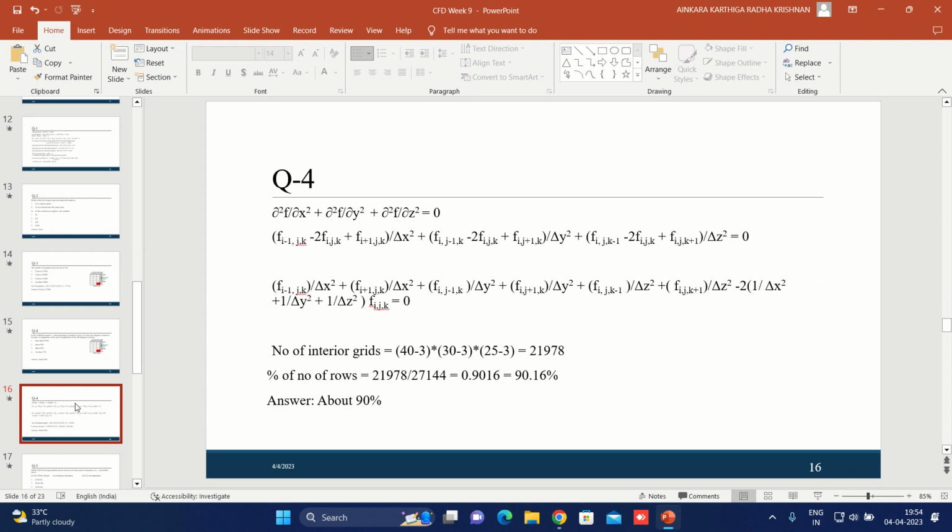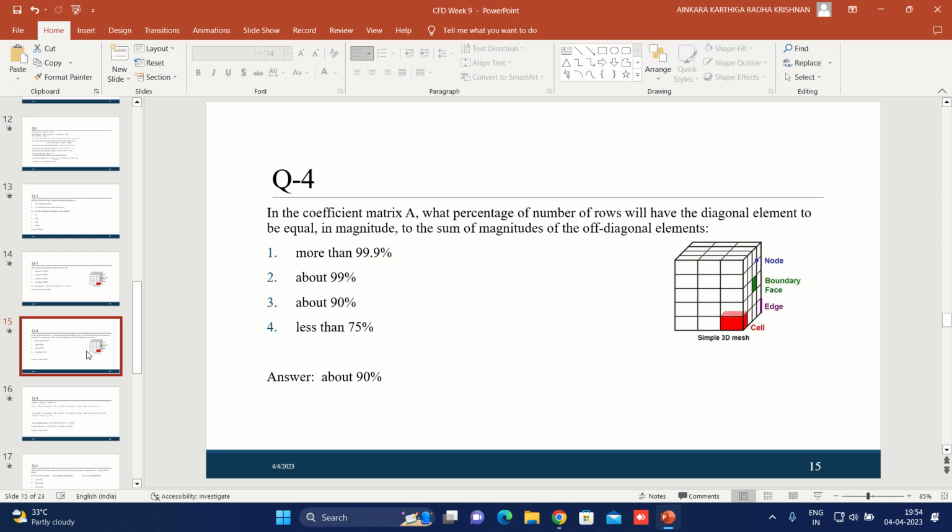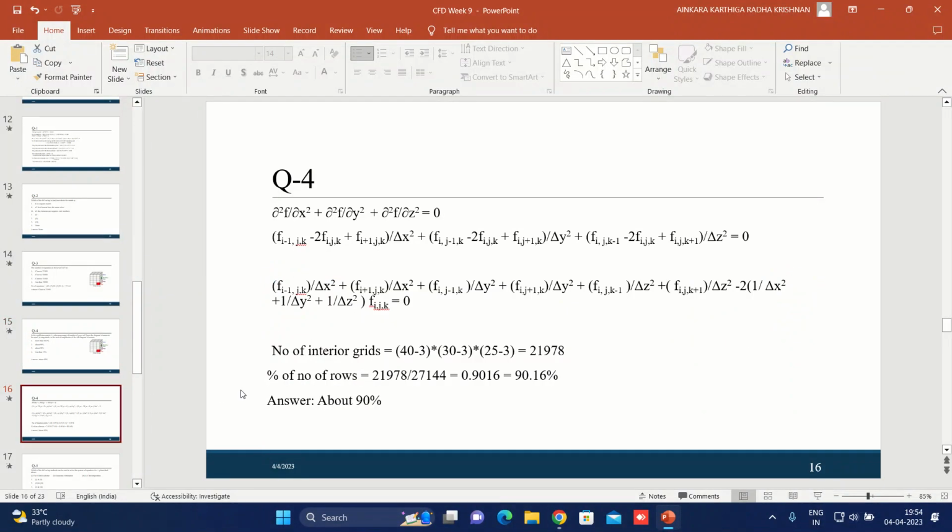So basically it is what percentage of number of rows will have the diagonal element equal in magnitude to the sum of magnitudes of the off diagonal elements. So the answer is, we would be having it in the interior most points.